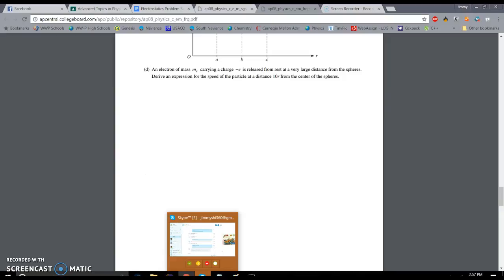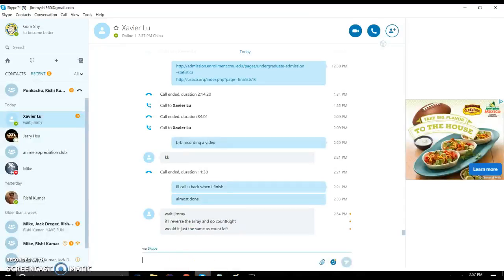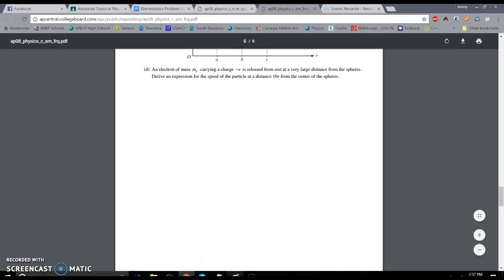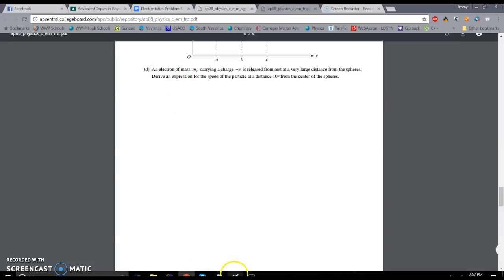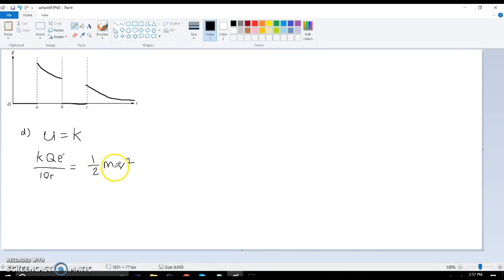Once it reaches infinity, there will be no more potential at infinity. So it would be 1/2 mv squared. And in this problem, we're given the mass of the electron. So we're going to solve for v.